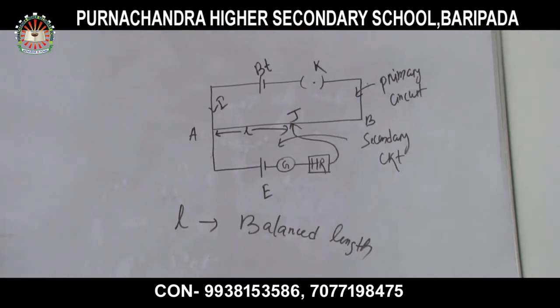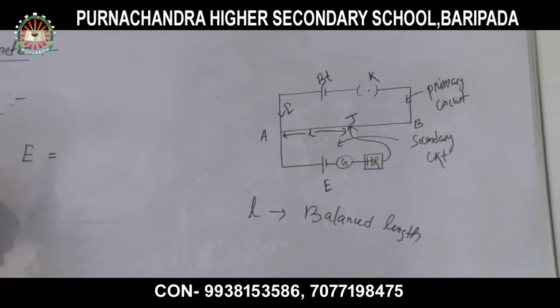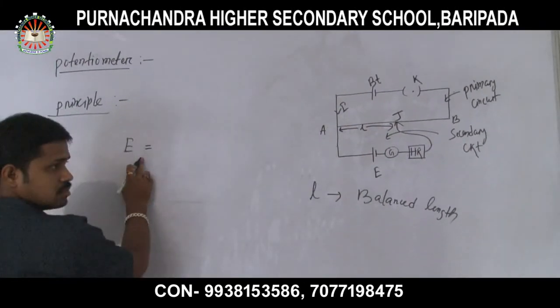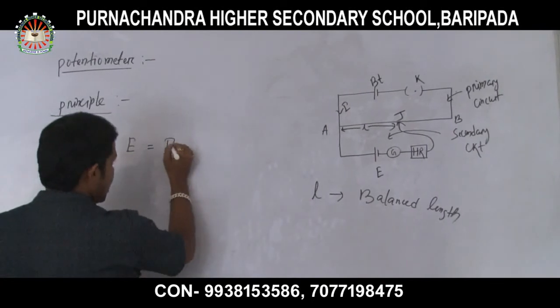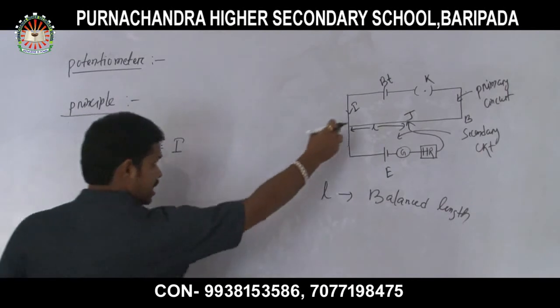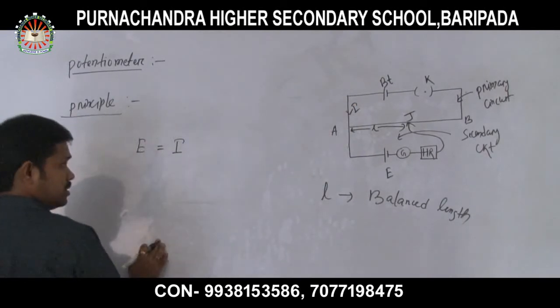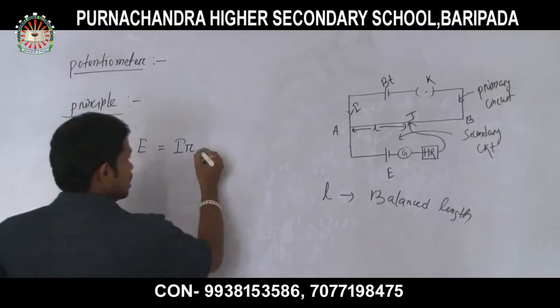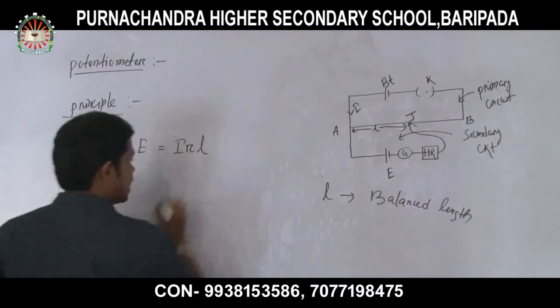At this condition, what can I write? The EMF E generated in this circuit is equal to the current flowing in the primary circuit, the resistance R, and the balanced length.